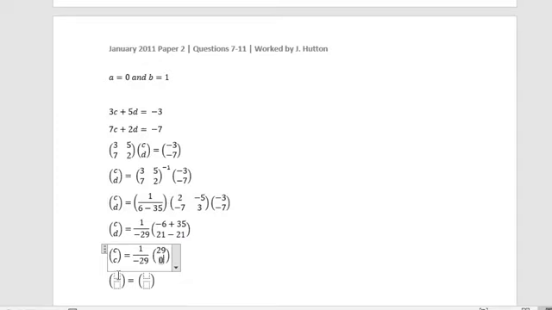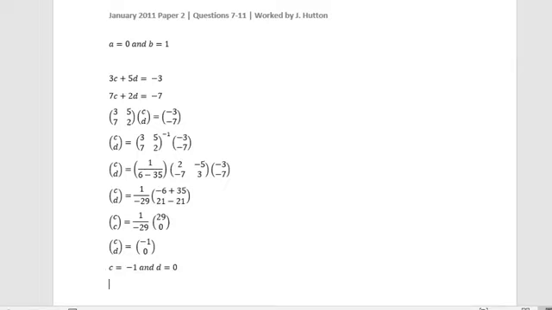And then when we do that working out, what we will have remaining is 1, 0. So this should be -1 and 0. And therefore C is equal to -1 and D is equal to 0.